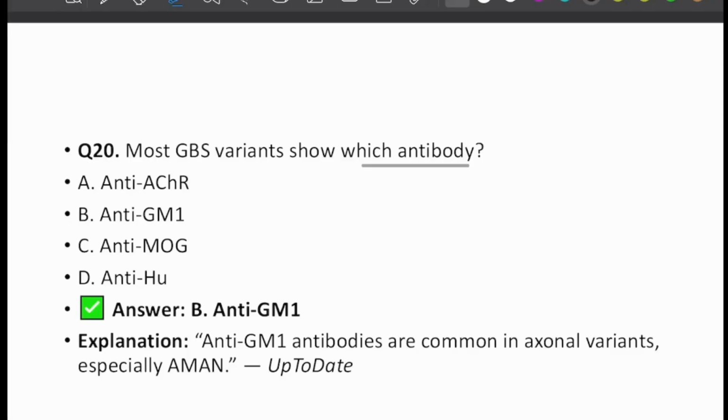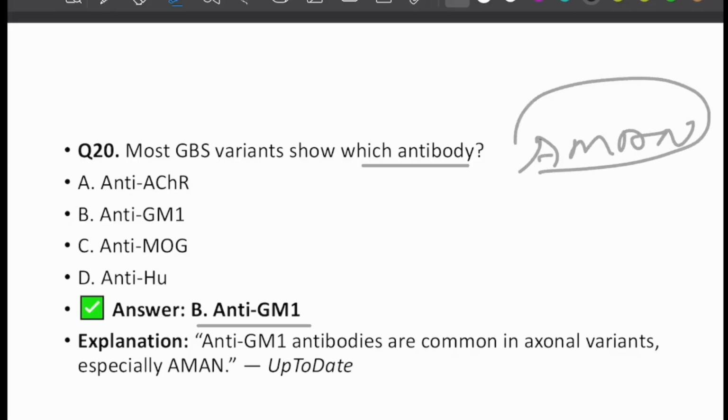Most GBS variants show which antibody? We have talked about the antibodies. Answer is anti-GM1 antibody. So the most common variant is AMAN, and in AMAN the antibody is anti-GM1. Hope this question and answer is clear to you.